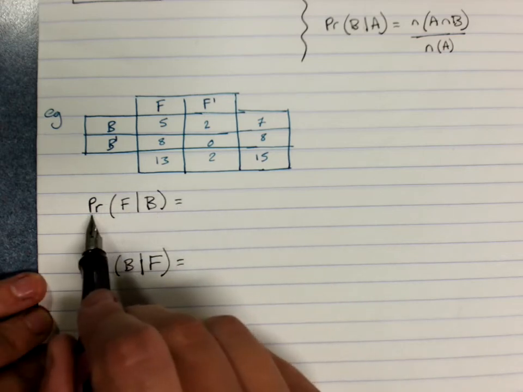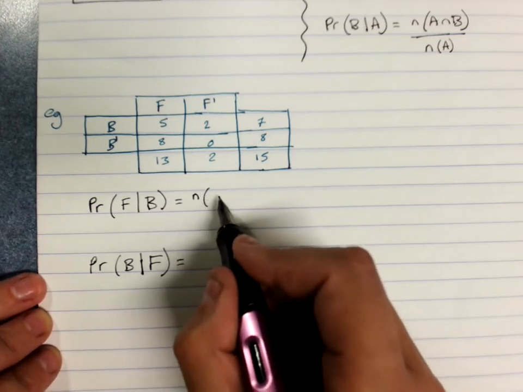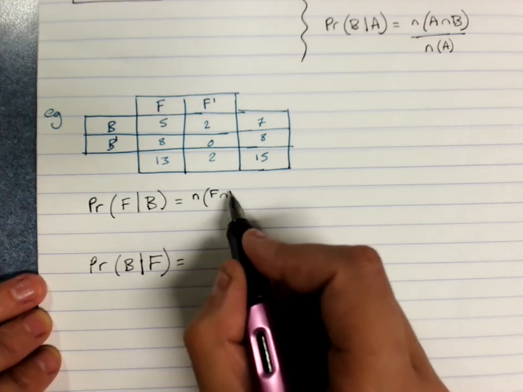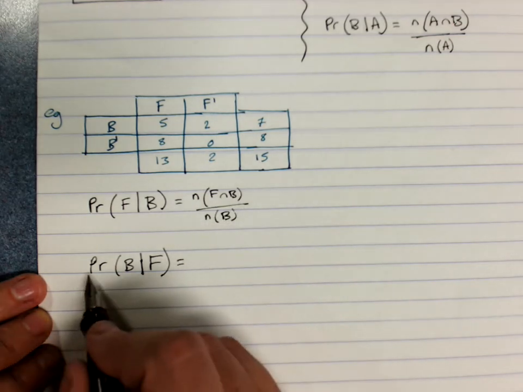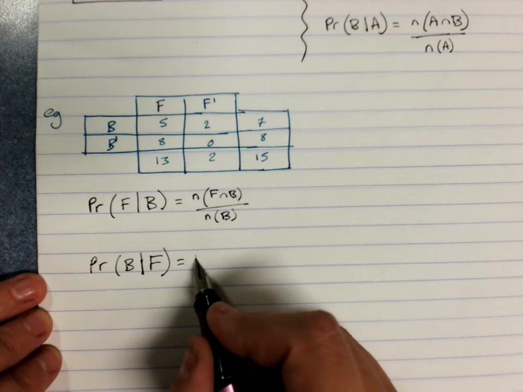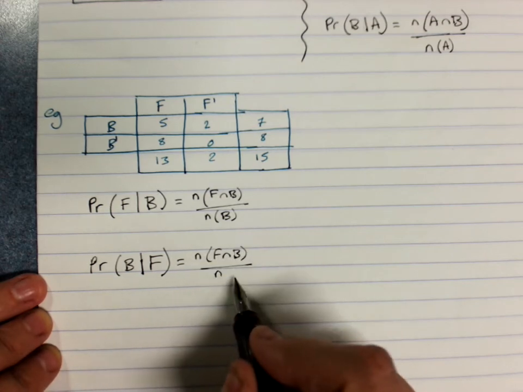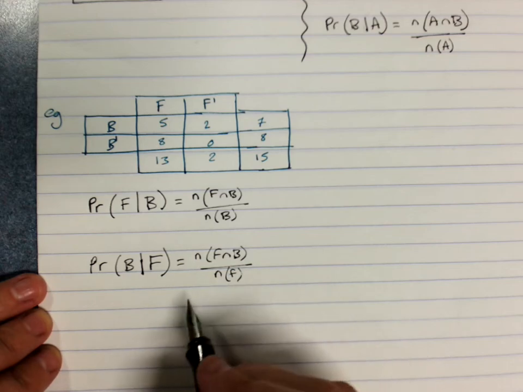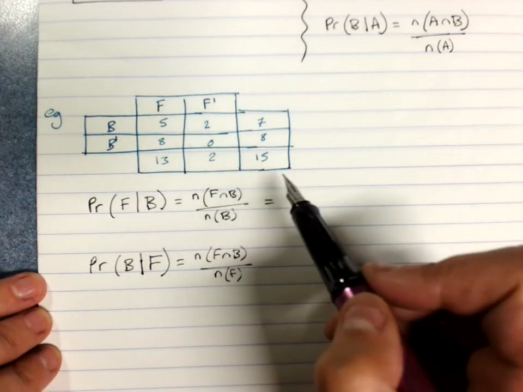So the probability of F given B is going to be the number in the intersection of F and B divided by the number in set B. The probability of B given F is still the intersection, but the sample space is now the set F. So have a look at where the regions are.